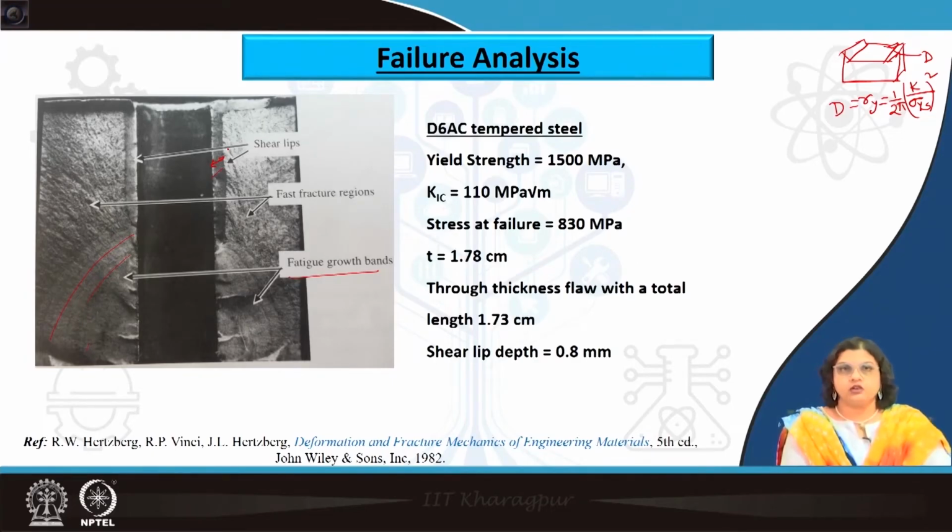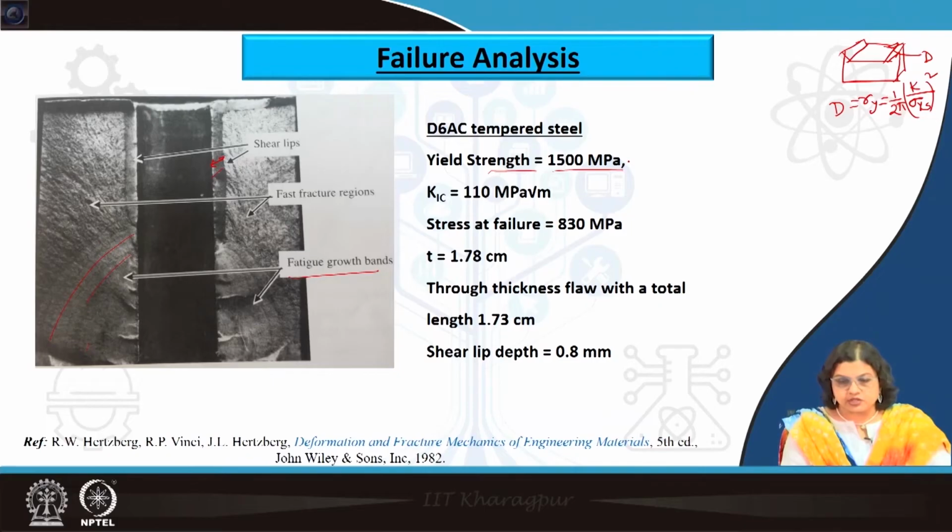So, when this kind of failure occurs, we always check the documents that are present to consider the various properties of the materials that are already established and have been provided by the supplier. For example, in this case the yield strength of the material is quite high, it is a high strength steel of 1500 MPa.